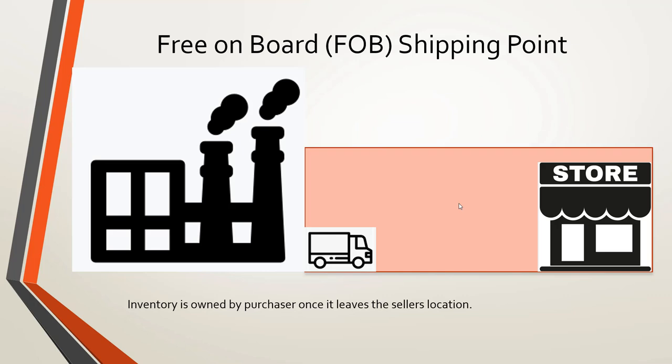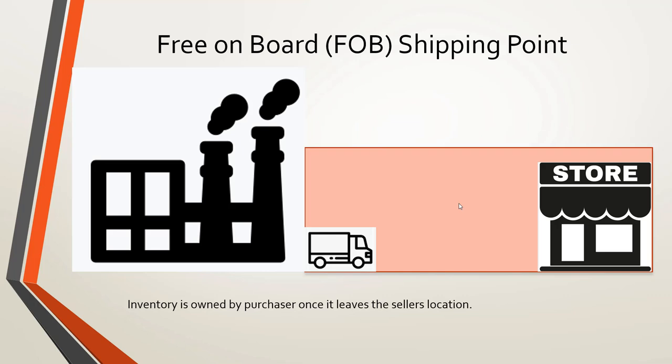Okay, so in other words, you see on the left a factory who manufactured some goods, and you see on the right a store who's going to put those goods in their store and sell them. And then you see a truck that's going to take them from the factory where they were produced to the store where they will be sold. And the question is, when they get on the truck, who owns those items?